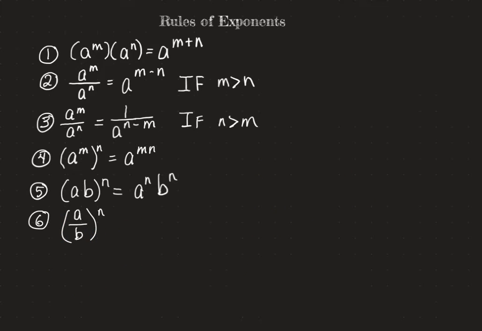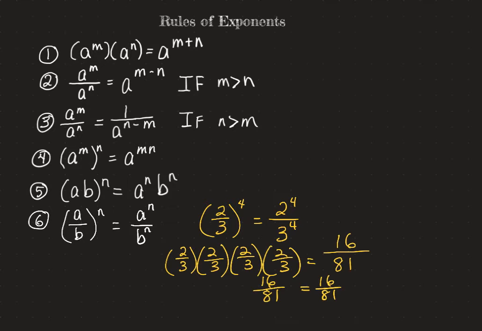So what if, instead of a multiplication inside of the parentheses, we have a division? In that case, you also kind of distribute that exponent. So 2/3 raised to the fourth power becomes 2 to the fourth over 3 to the fourth. And both sides are equal as shown here.